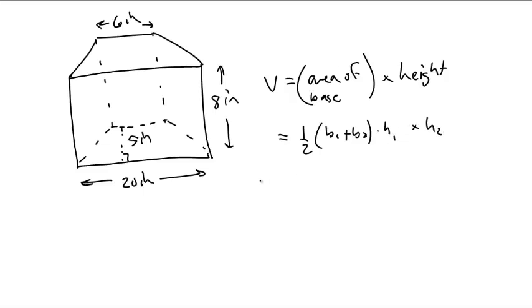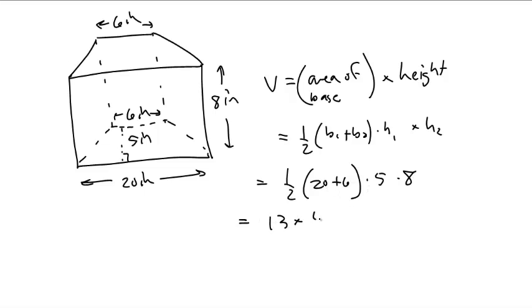In this particular case, it's 1/2 times 20 plus 6, times the height here, which is 5 inches, times the height of the whole thing, which is 8 inches. This isn't so bad. This is half of 26, which is 13, times 40. And 4 times 13 is 40 plus 12 is 52, and multiply by the 10, 520 cubic inches.